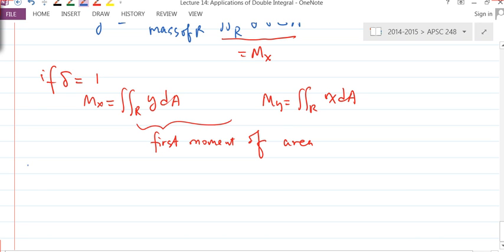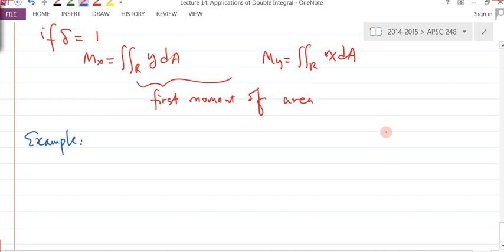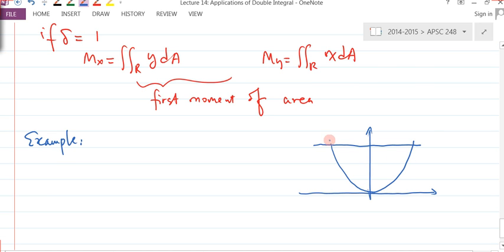Was that good? Before we move on, maybe I'll show you an example right here. I have a region R, which is defined by two curves. One is y equals 1, and one is y equals x squared.